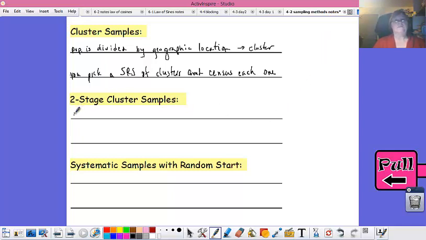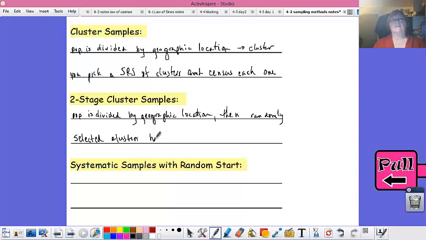A two-stage cluster sample is related, folks. Again, the population is divided by geographic location into clusters. Then randomly selected clusters have a simple random sample drawn.